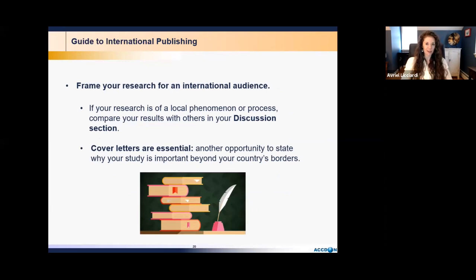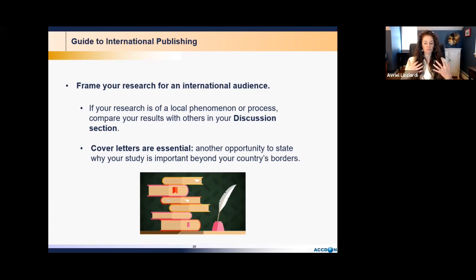It is one of the hardest sections to write, but comparing your work with others is essential. And it is okay to reach out a little bit and compare your work with similar studies in other countries. Cover letters are also very important for international publishing.